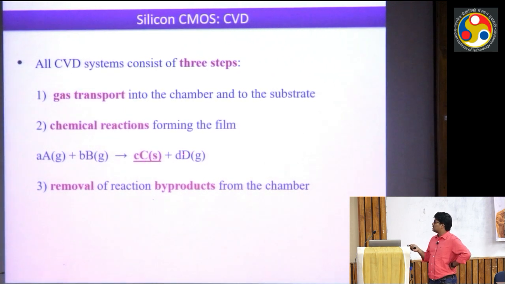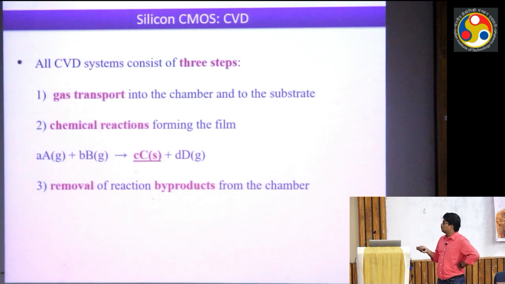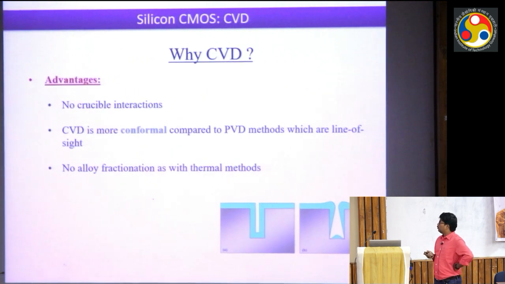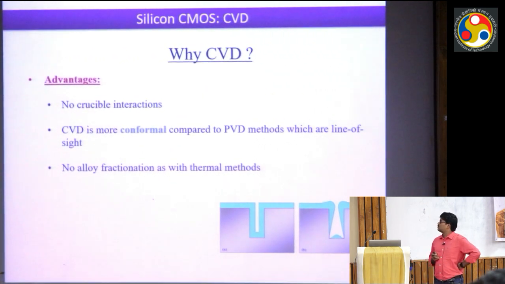And then the residue or byproduct we need to remove from the chamber. This is the overall CVD process, irrespective of the type of CVD. Again for silicon nitride, this is silane, this is ammonia, here we are getting silicon nitride and some byproduct is coming out.